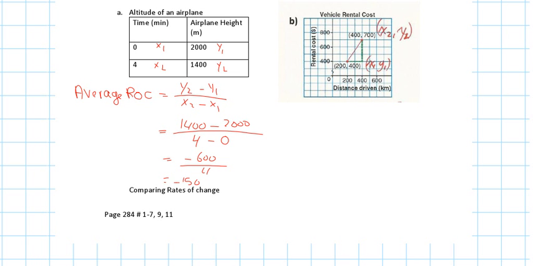Is it in kilometer? It's in meters, right? So it's meters per minute. Yes? Because I'm doing meter divided by how many minutes? Right? So my unit here is negative 150 meter per minute.